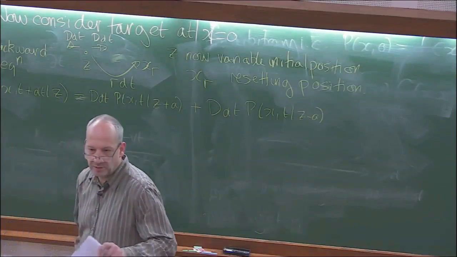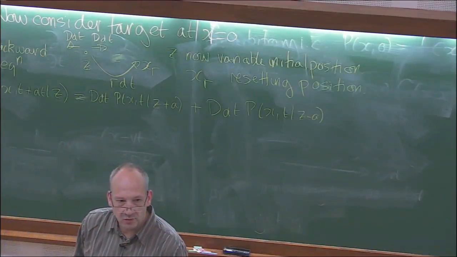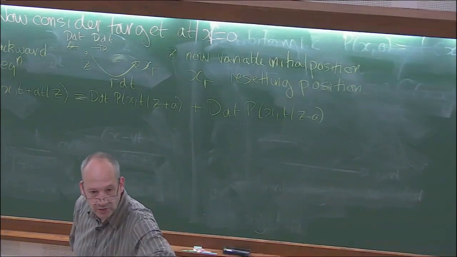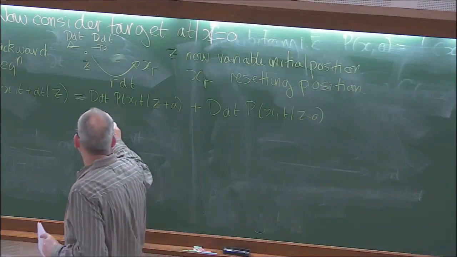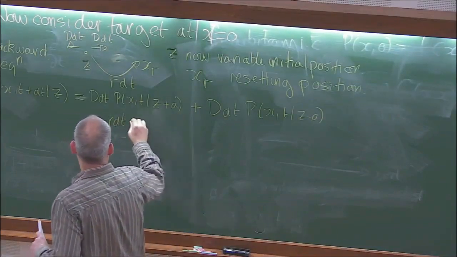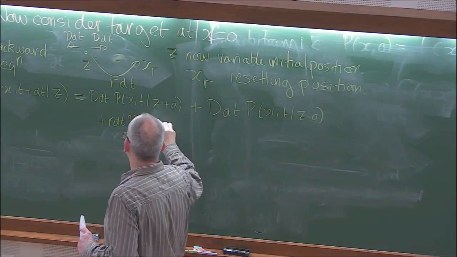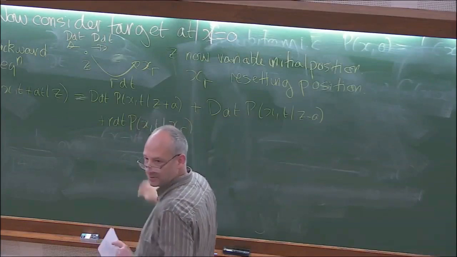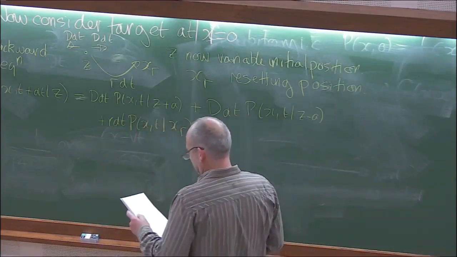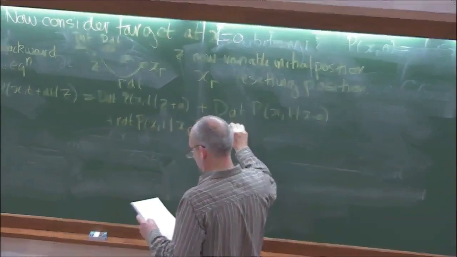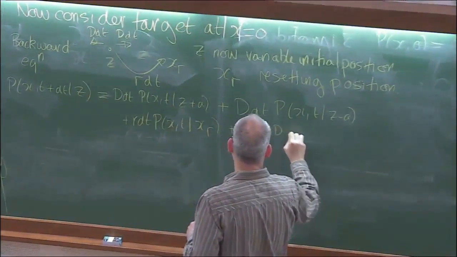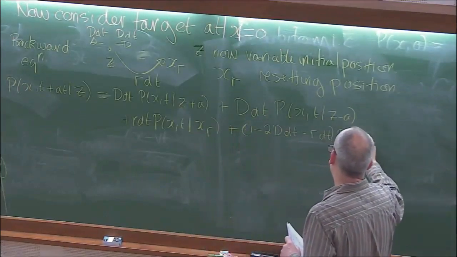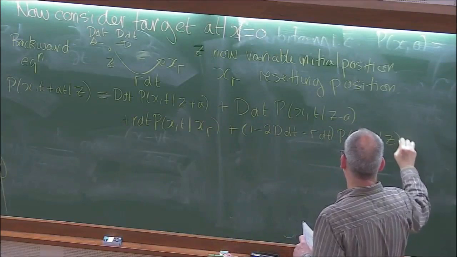I could reset. So I could then start from the resetting position xr. So with probability r dt, I go to xr, and then I have the probability of going from xr at time 0 to x at time t. Or else nothing can happen. So with probability 1 minus 2D dt minus r dt, I just go from z to x in time t.